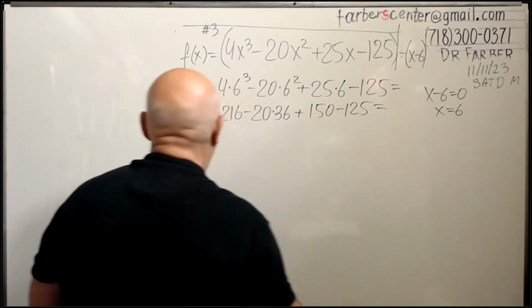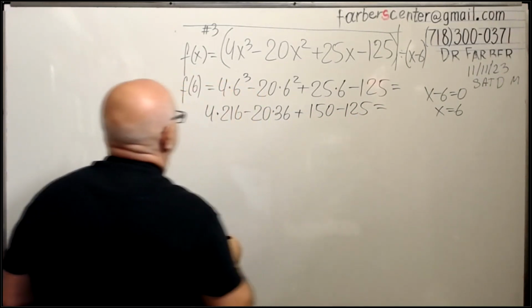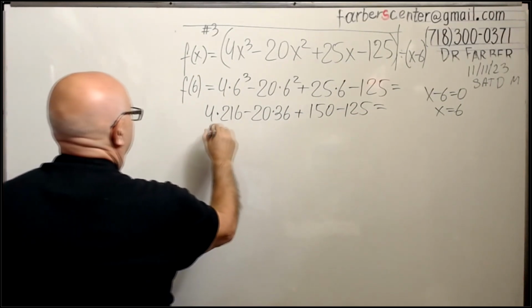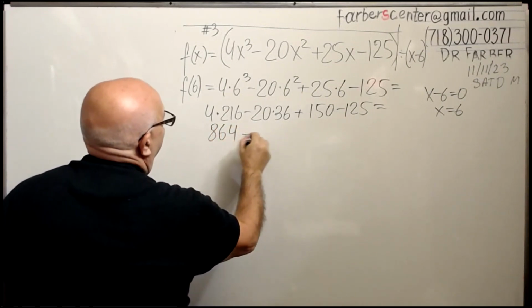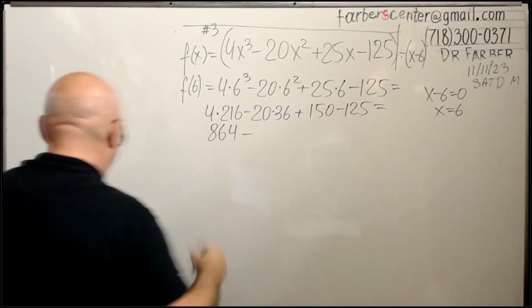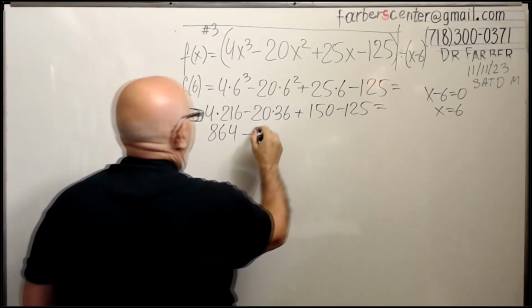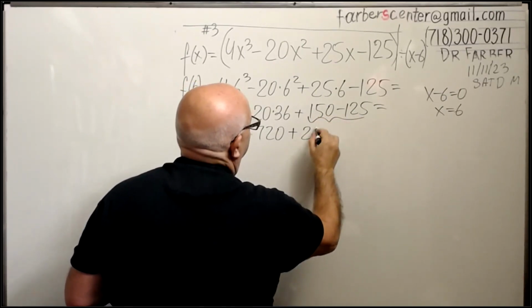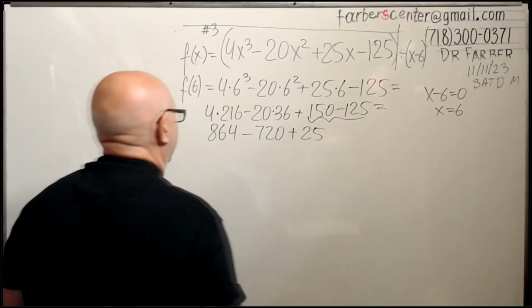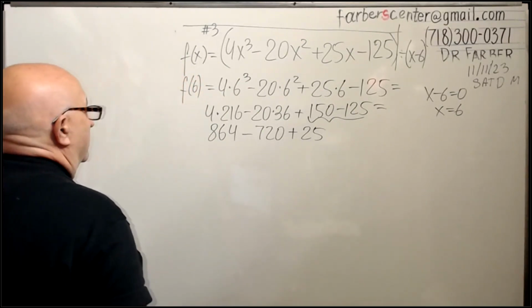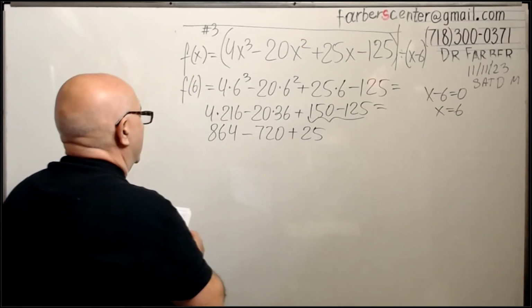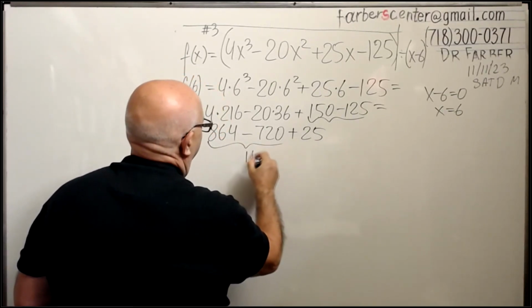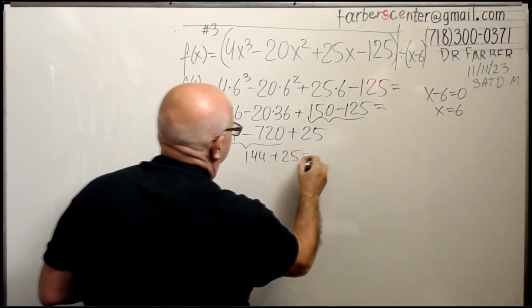If you multiply this, 4 times 216 is 864, minus 720, plus 150 minus 125, which is plus 25. 864 minus 720 is 144, plus 25 is 169.